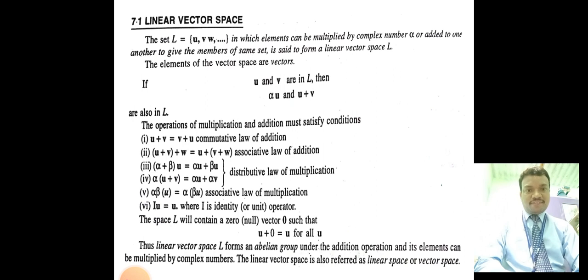Second, they obey the associative law of addition, that is u plus v plus w is equal to u plus v plus w, grouped differently.